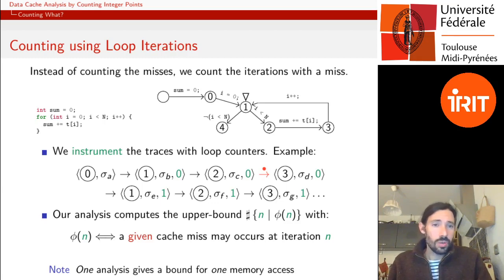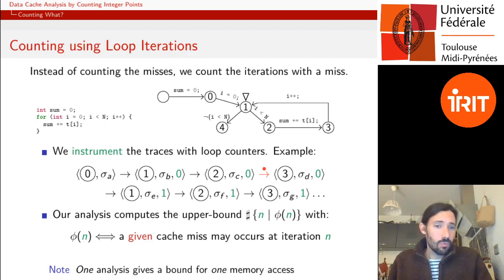Now we rephrase our problem, and we want to know how many iterations are such that a miss may occur during this iteration. So you see that the problem now looks like some Barvinok problem. A limitation due to what we've done right now is that an iteration must now identify the event.